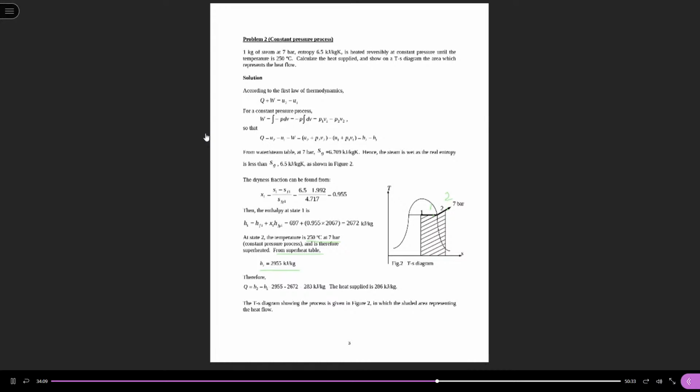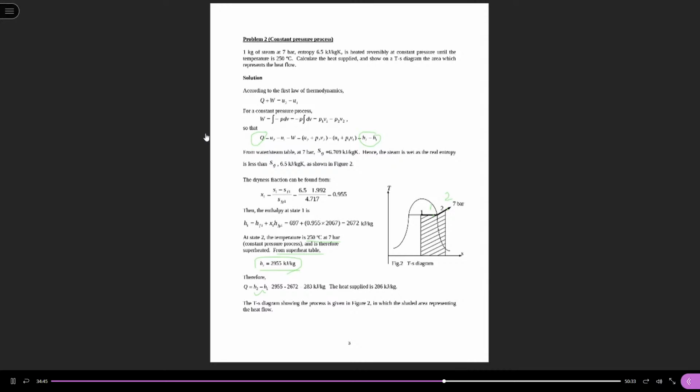Following the equation, the heat flow is usually for an open system. This wasn't mentioned, so it's an open system at constant pressure, for one element. So for one open system, the heat flow is equal to the change of enthalpy.